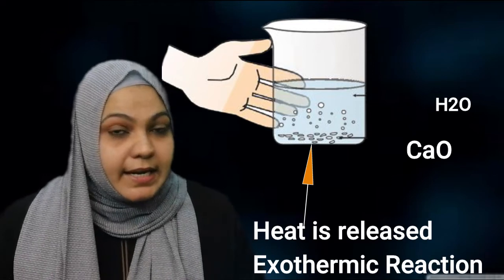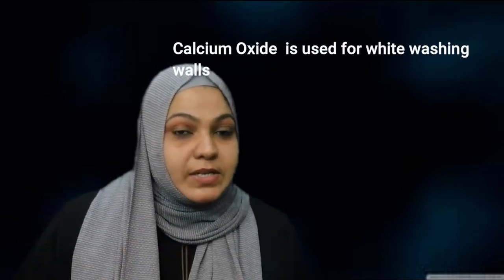A solution of slaked lime or calcium hydroxide produced by the reaction is used for whitewashing the walls. Here maybe you have confusion about which one is used for whitewashing the walls. Don't write slaked lime is used for whitewashing the walls. The actual answer is calcium oxide or quicklime is used for whitewashing the walls.